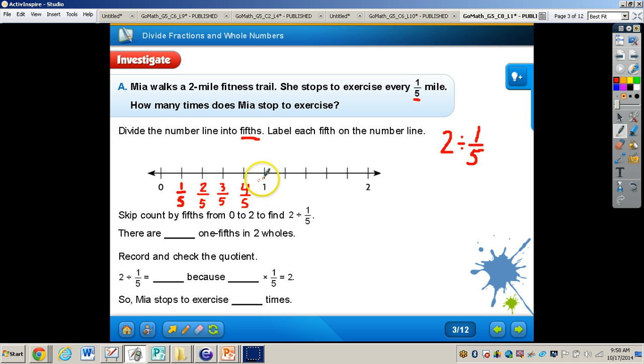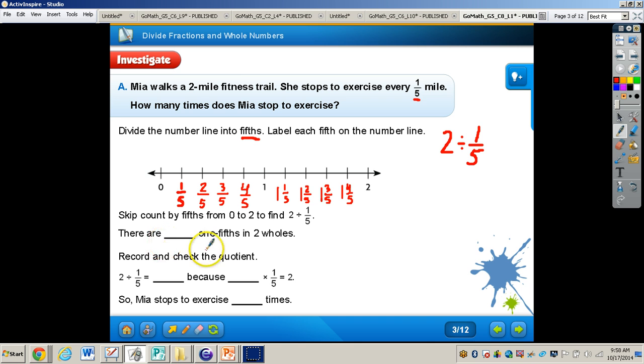Okay, now this would be 5/5 or 1. Okay, and then we have 1 and 1/5, 1 and 2/5, 1 and 3/5, and finally 1 and 4/5.